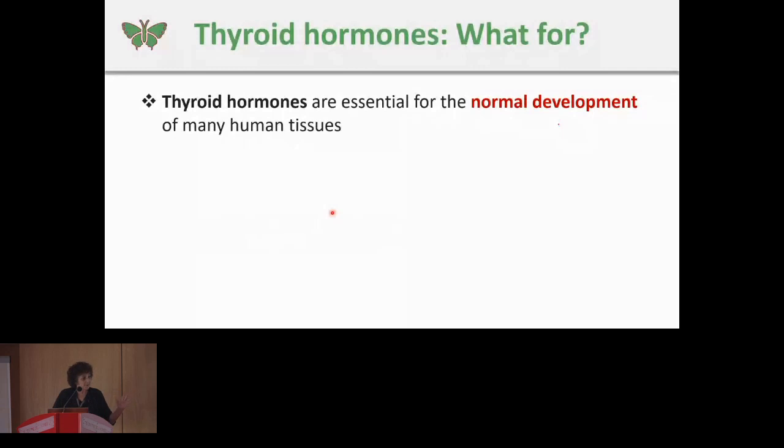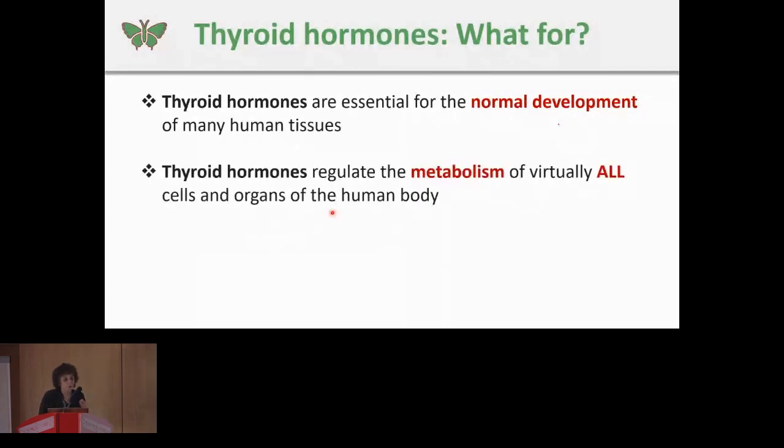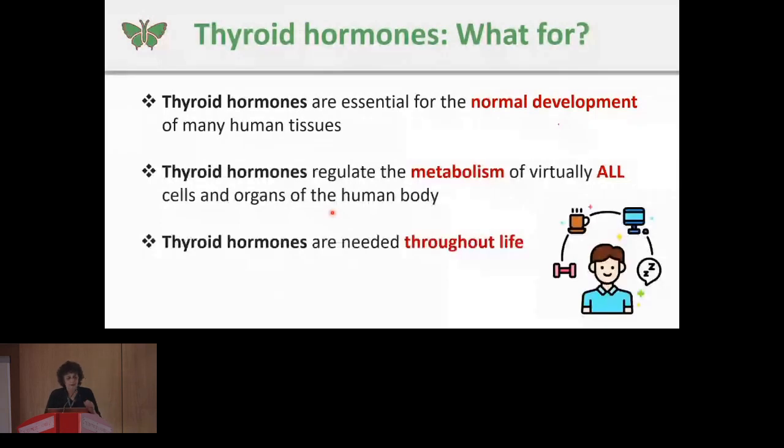However, thyroid hormones also regulate our metabolism in virtually all cells and all organs in the human body. And quite importantly, the thyroid hormones are needed throughout our life, as opposed to other hormones like growth hormone, which are needed at a certain time of our life.